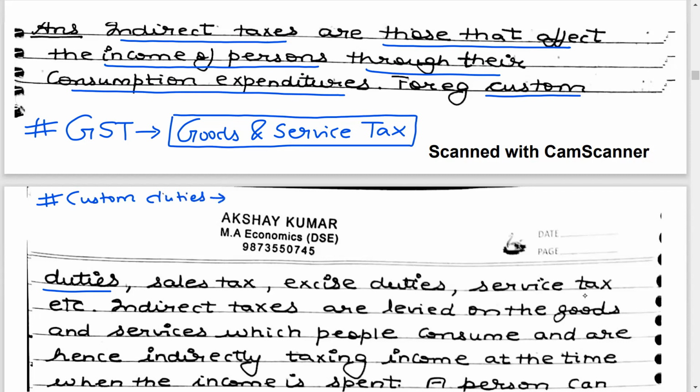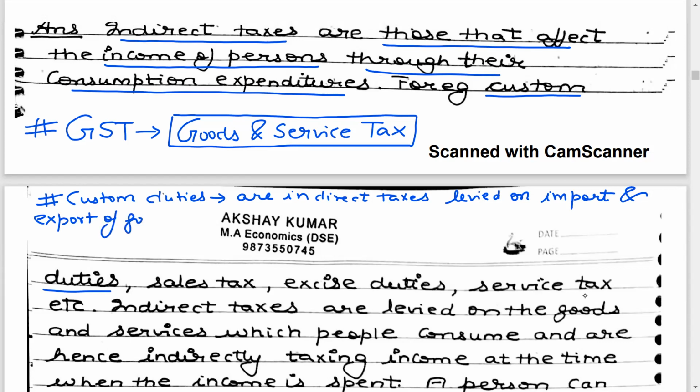Students can write this as general knowledge. Students should know this, that custom duties are indirect taxes. These are the indirect taxes which are levied on the import and export of goods.